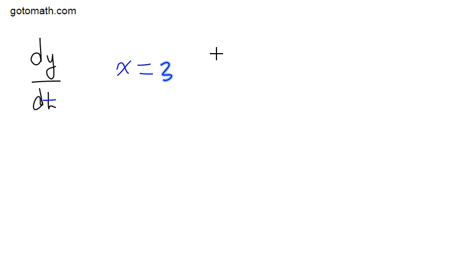X is equal to 3 and dx over dt is equal to 1. Alright.